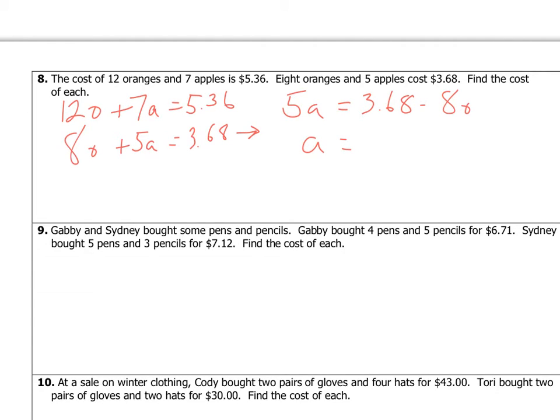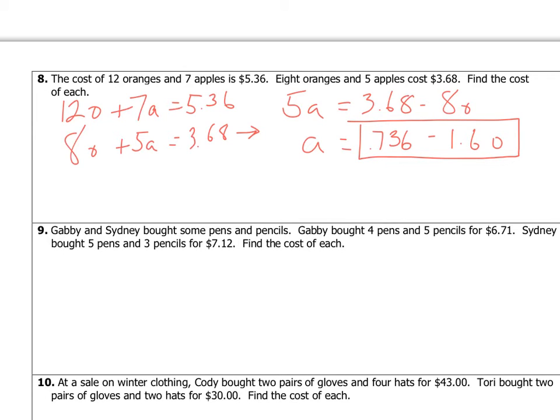Because, again, we're going to have to work with them sooner or later. So 368 divided by 5 is 0.736. It's a great number. 8 divided by 5, just 8/5, or 1 3/5. That's just 1.60.